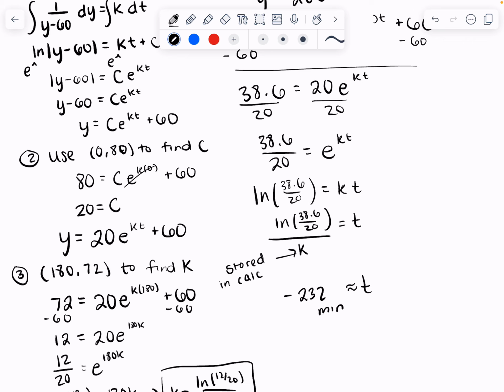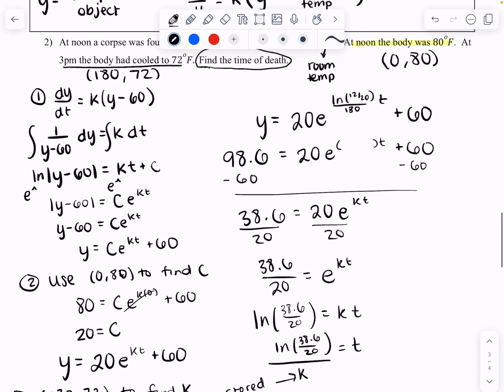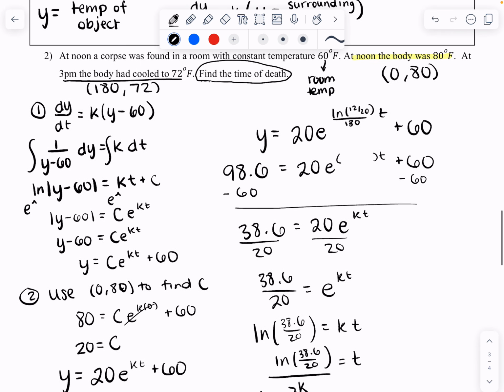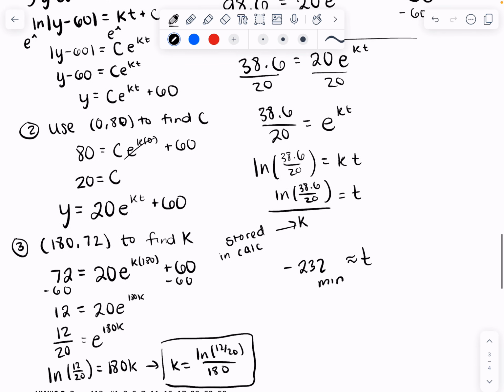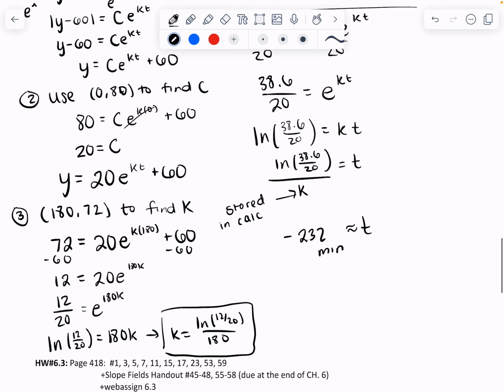Remember, we're using minutes, so that's kind of weird, but remember, time zero was noon. So the fact that it's negative means 232 minutes before noon, and so you can figure out the time if you'd like to. I'll leave that part up to you.